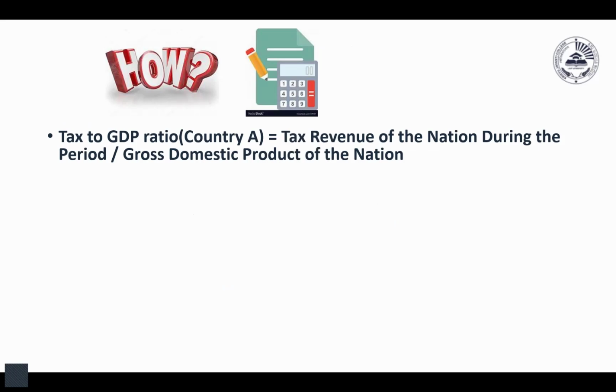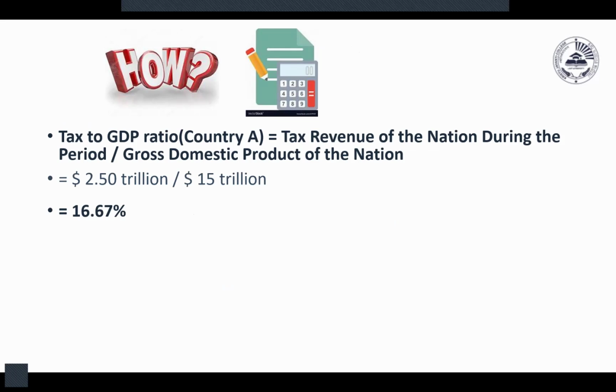Now let's see how we compute the tax to GDP ratio in both cases. The tax to GDP ratio of country A is tax revenues of the nation during the period divided by gross domestic product of the nation. The tax revenue is $2.5 trillion and the GDP is $15 trillion. When we divide the tax revenues by the GDP, we get 16.67% as the tax GDP ratio.